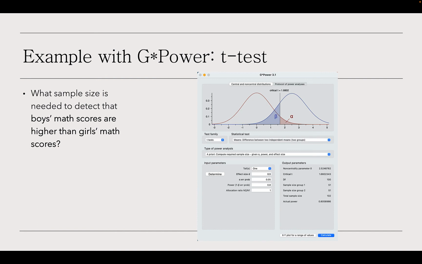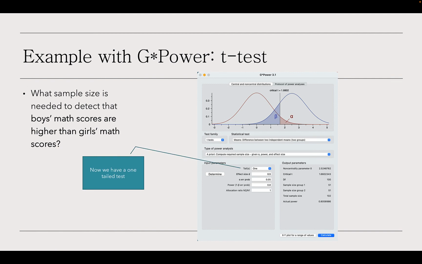All right, and then let's change the question a little bit. So now let's think, what sample size is needed to detect that boys' math scores are in fact higher than girls' math scores? What's changed here is instead of just looking for a difference on either side, now we're specifically looking at boys being higher than girls. So we're changing this to a one-tailed test. We'll keep our medium effect size.